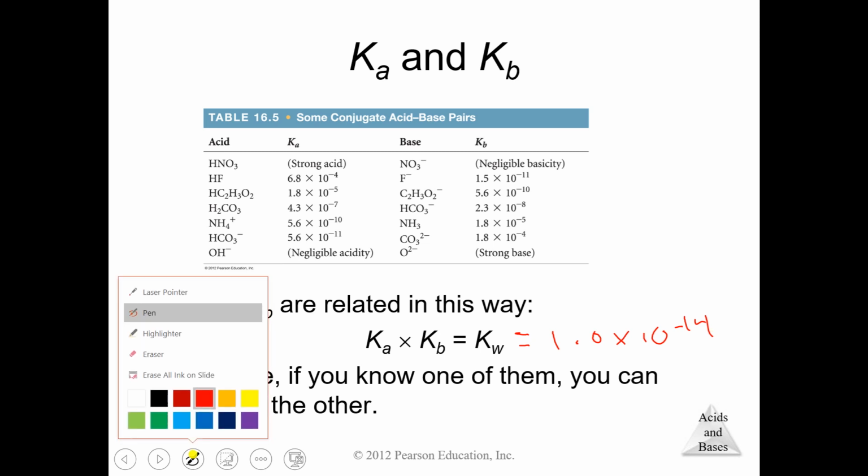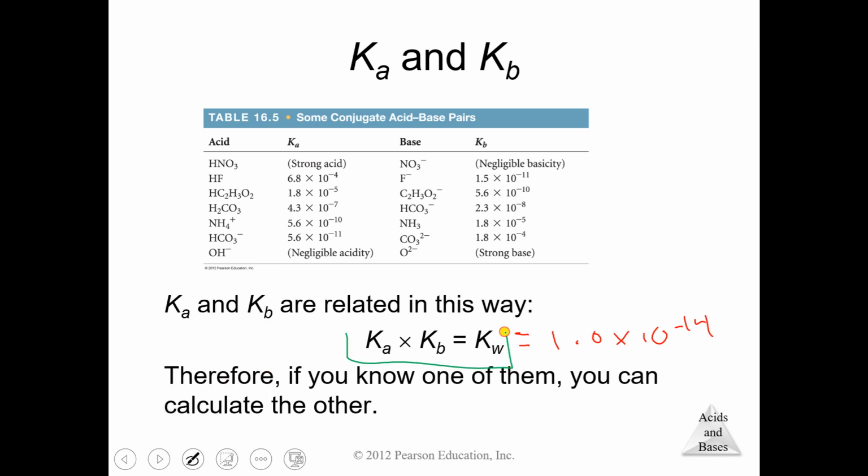So this is a really important equation you need to know. You need to know it like you know how to add 2 plus 2. So if we know one of them, we can calculate the other. All we need to do is know one of the two because we know that Kw equals this. That will always be true.